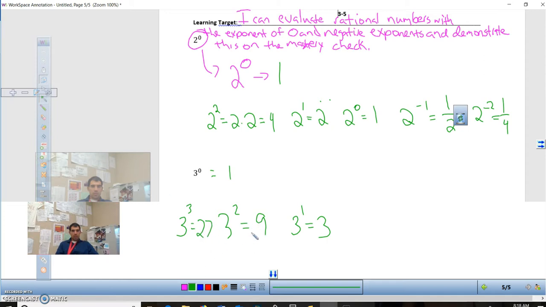A third of 9 is 3. A third of 3 is 1. A third of 1 is 1/3. And we could keep going and say that 3 to the negative second is 1/9. We're going to keep focusing on that theme throughout this lesson.